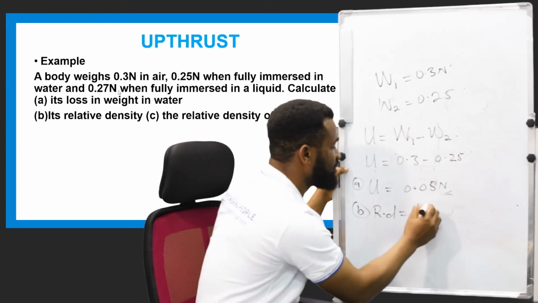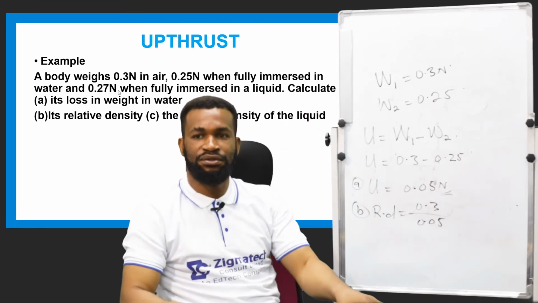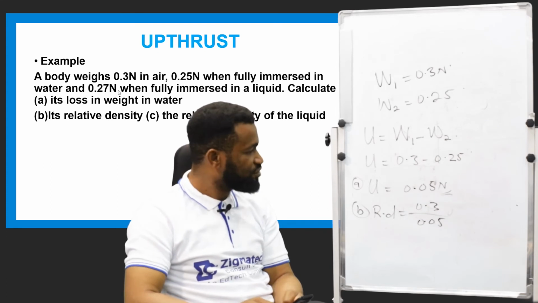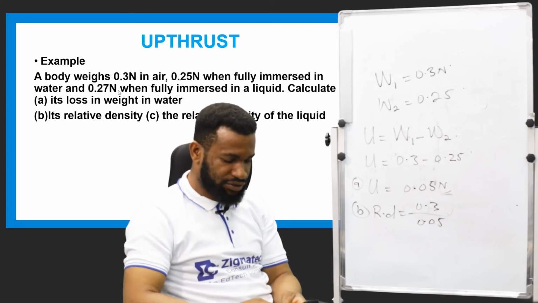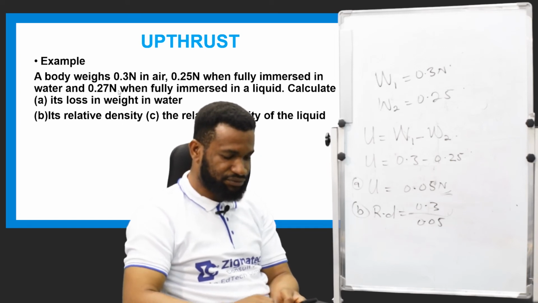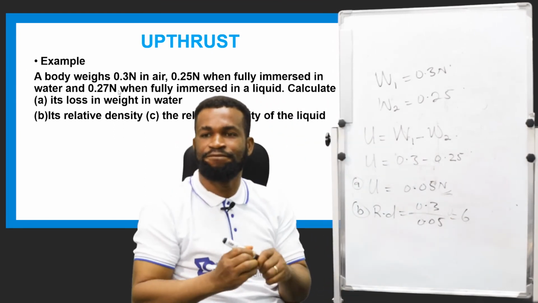So the relative density is 0.3 over 0.05, and that is 6.